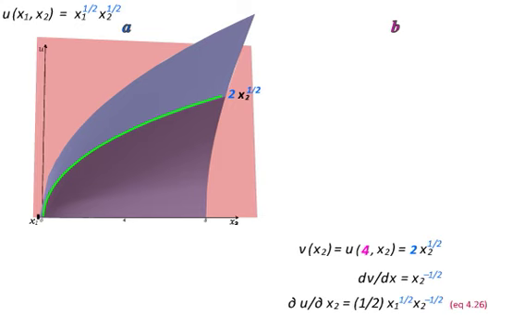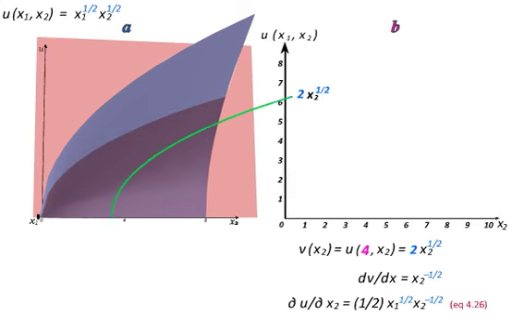When we then take the partial derivative of u with respect to x2, we can treat the x1 to the 1/2 term as if it was just some term a, for instance. So as we take the derivative with respect to x2, we take the exponent of x2, 1/2, times x1 to the 1/2, which we just treat as a parameter, times x2 to the minus 1/2, just as if we took a derivative of a single variable function that's a function of x2.